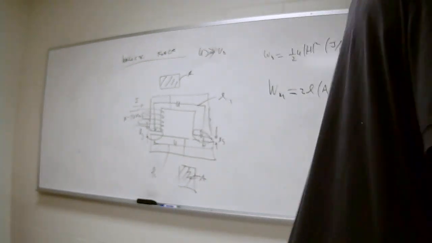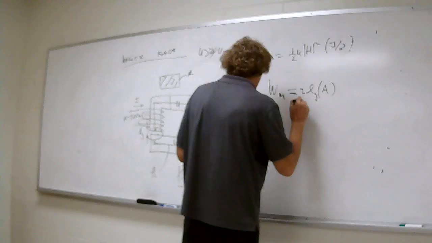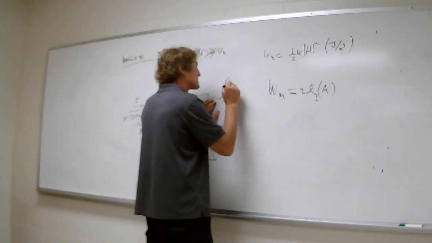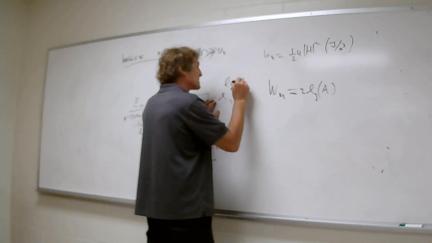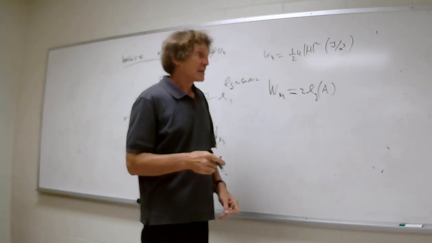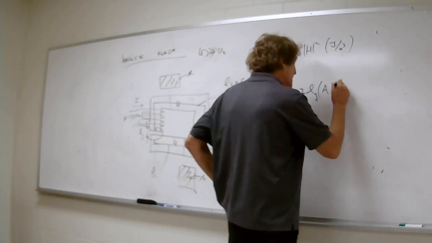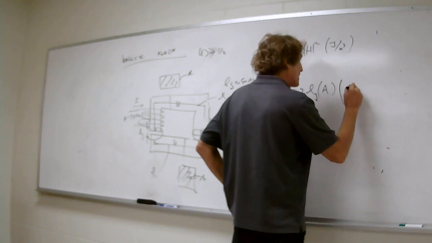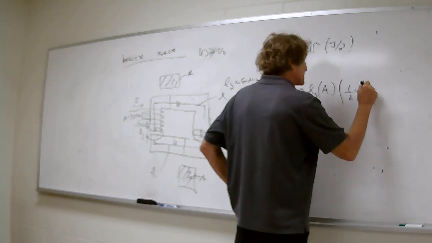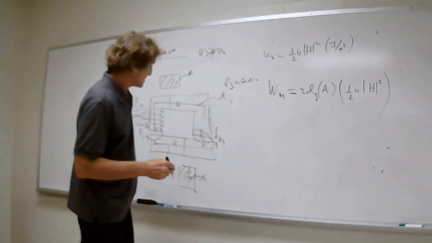And we're assuming this length L, I can call it L gap, is small, approaching 0. Now, if I multiply that by the energy density, which is 1/2 mu H squared, I get the amount of energy in that gap.